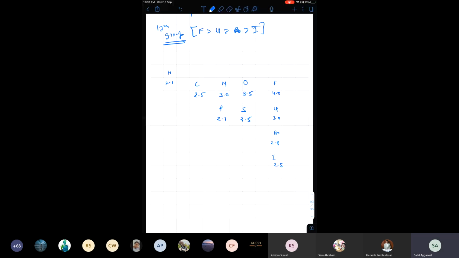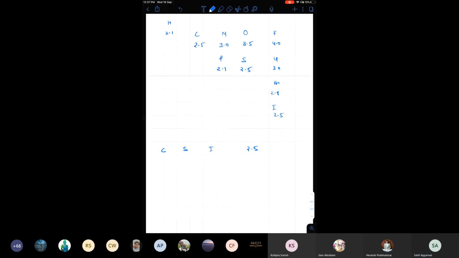So carbon, sulfur, and iodine have the same electronegativity. Nitrogen and chlorine have the same electronegativity. Even beryllium and aluminium have the same electronegativity.